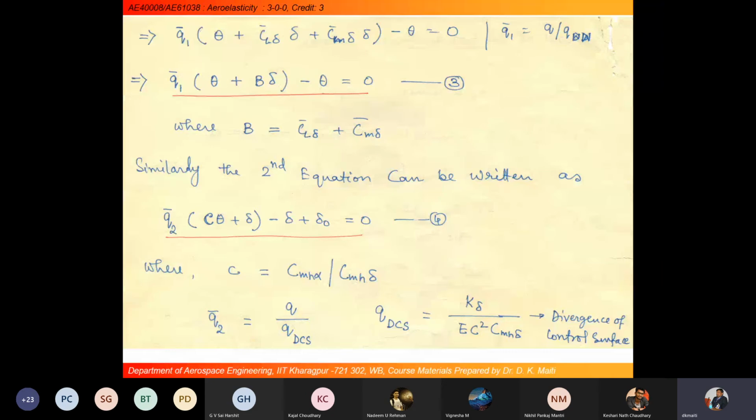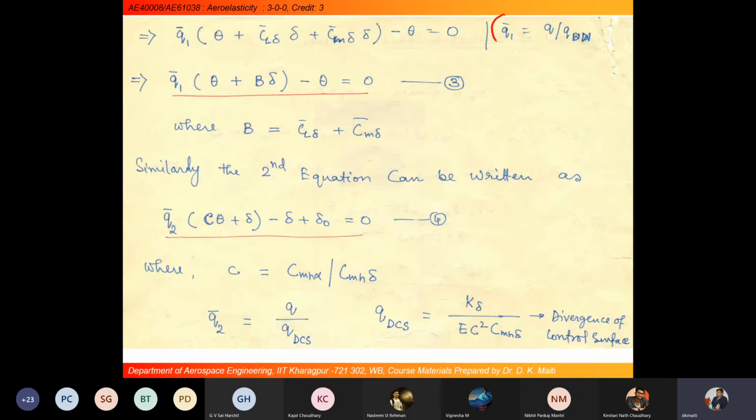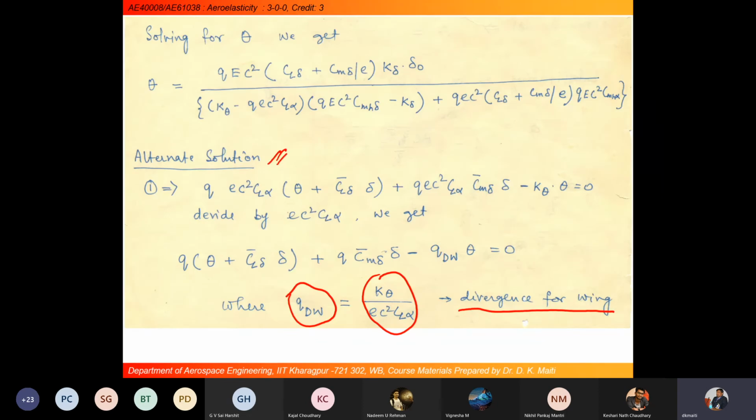Then I am taking another parameter, that is q by q divergence. I am taking this as q1 bar, the non-dimensional forward speed or forward dynamic pressure.